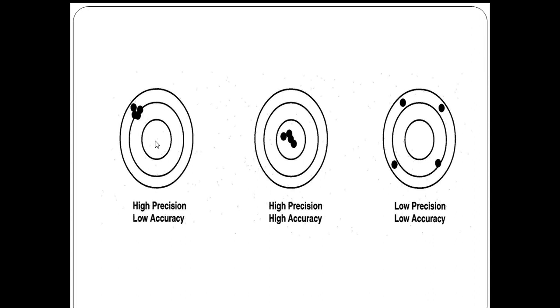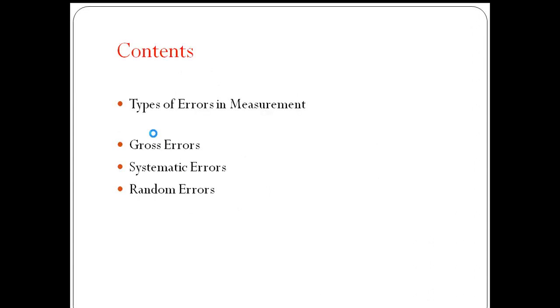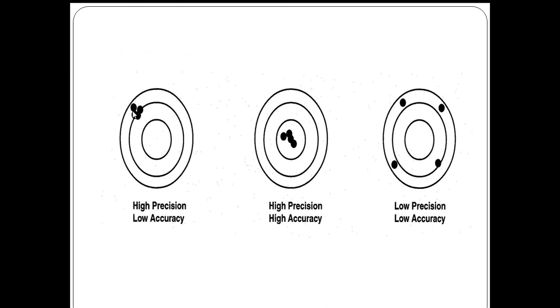The actual value will be at this point, but with the action, we got readings at these positions. All are almost at the same location, but far away from the target. So that's why this is less accurate and more precise.